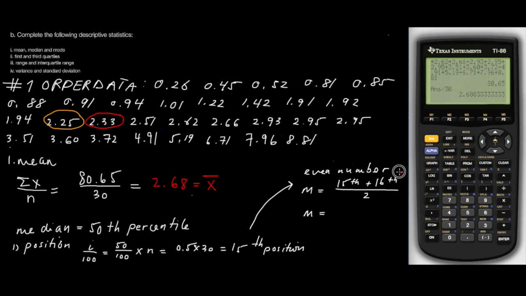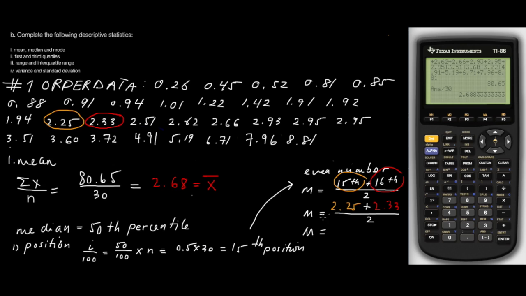So we have the average of 2.25 plus the 16th position, which is 2.33, divided by 2.